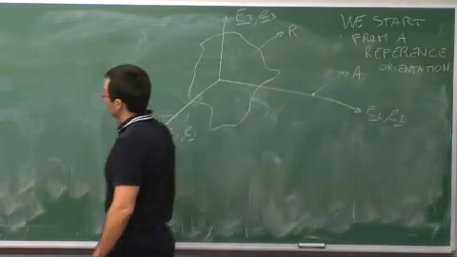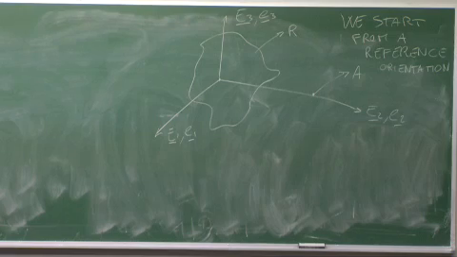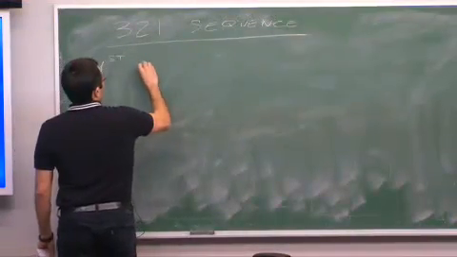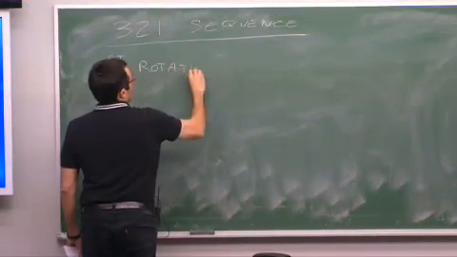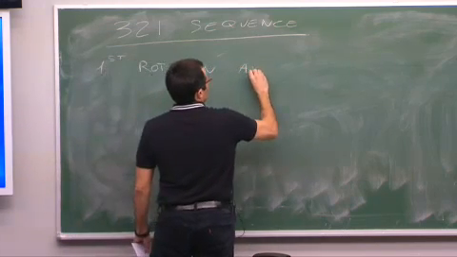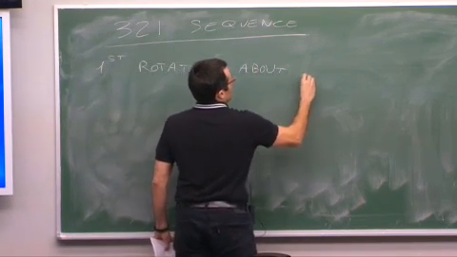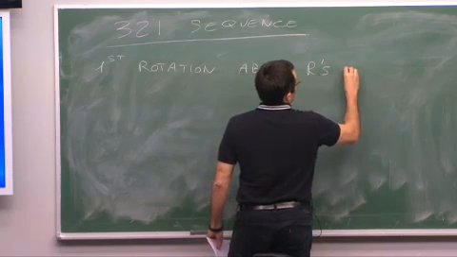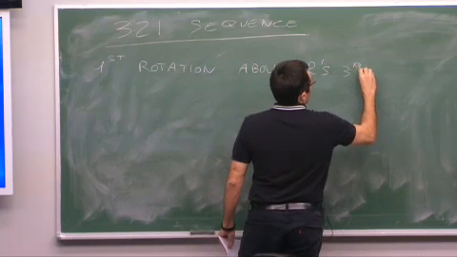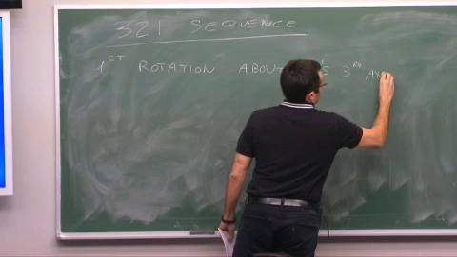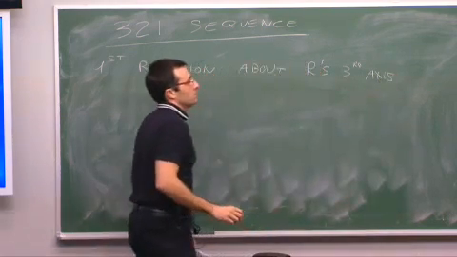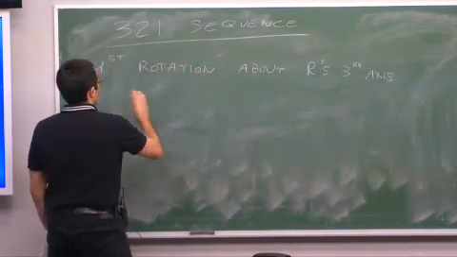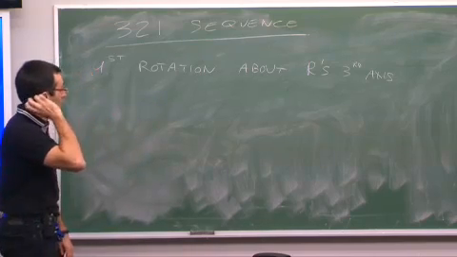So with the 3-2-1 sequence, what we do is we do a first rotation about the body's third axis. We'll see it. We're projecting the 3 different planes.